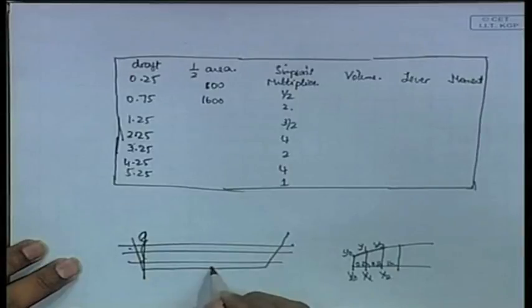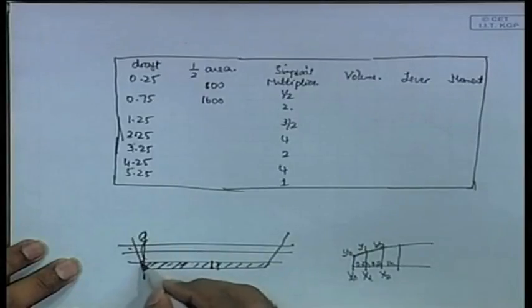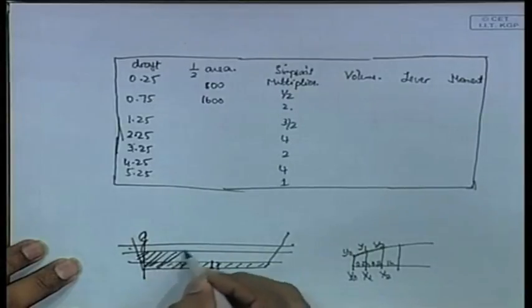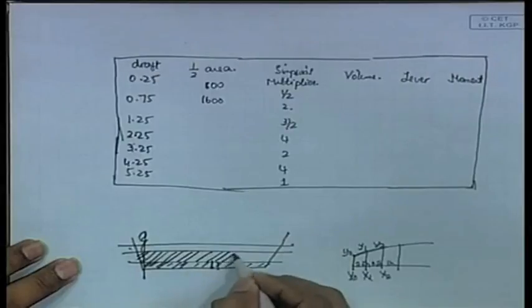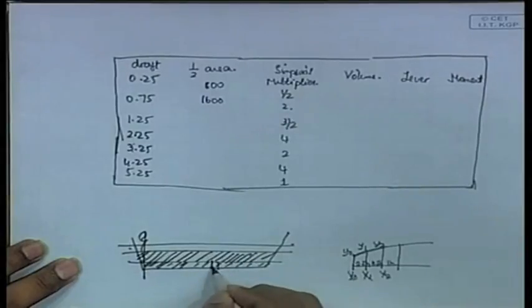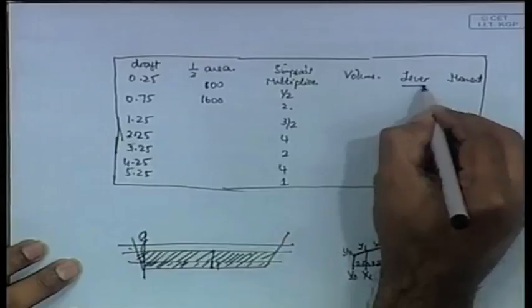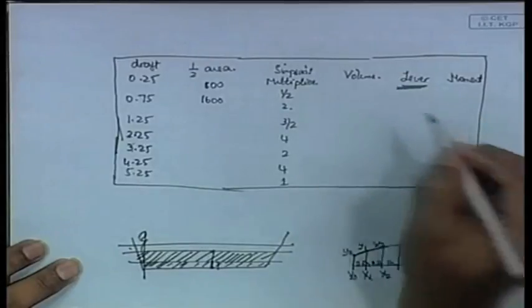Suppose you are finding the volume of this region, you multiply it with this distance, and you will get one moment. Then you take this region alone and multiply it with this distance, and you will get another moment. Those distances are called levers. That is the meaning of lever.